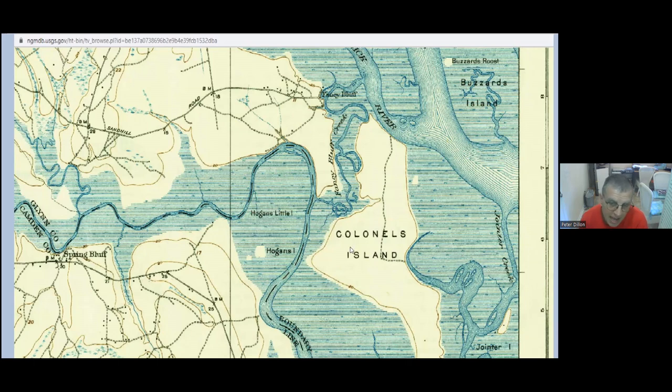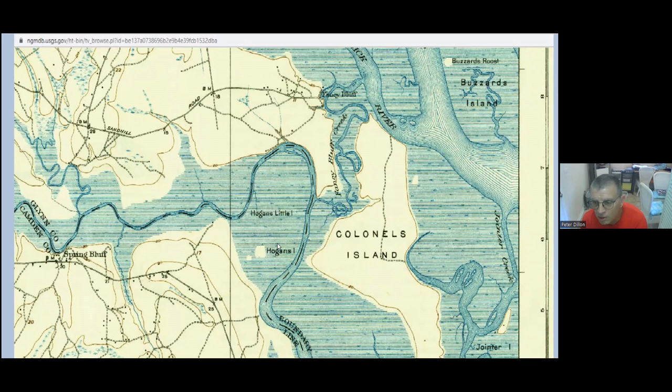Colonel's Island today is one of the East Coast's largest roll-on, roll-off car import ports. So it's completely different than what it looks like here. It's almost all paved with parking lots. Also, I-95 goes through here, so the infrastructure and the housing in the current area is entirely different than the way this map looks. I enjoyed going back and seeing how this was.